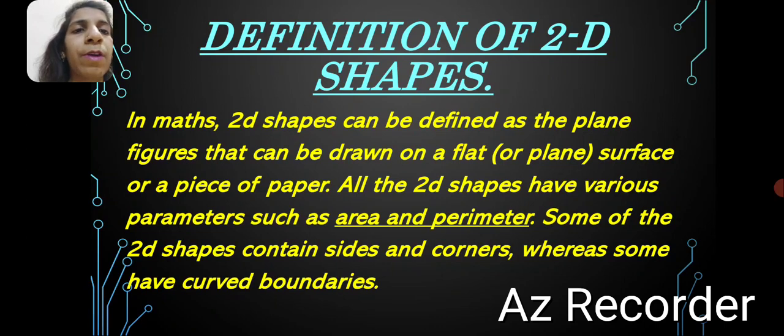Some 2D shapes have sides and corners, and some have only curved boundaries. If you have any doubt, let me know in the comment section.